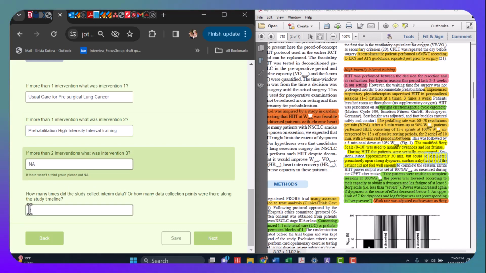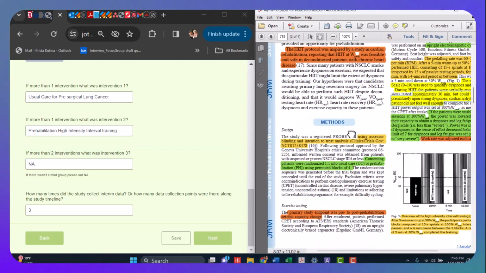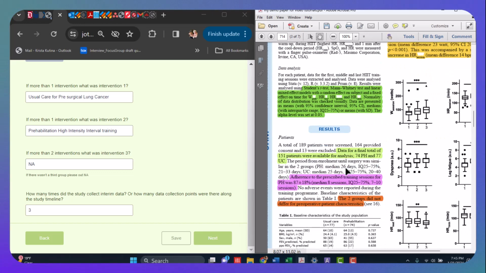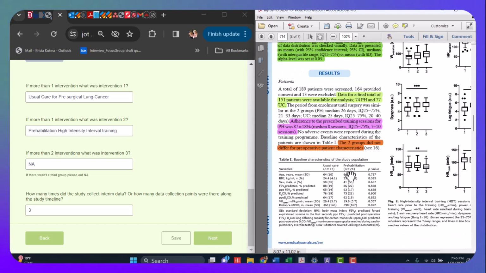And there were 3 times that they collected data. At first, this was a little bit confusing because in their results, they made it sound like they were collecting data for each patient in the beginning, at the middle, and at the end. And I think that they were.